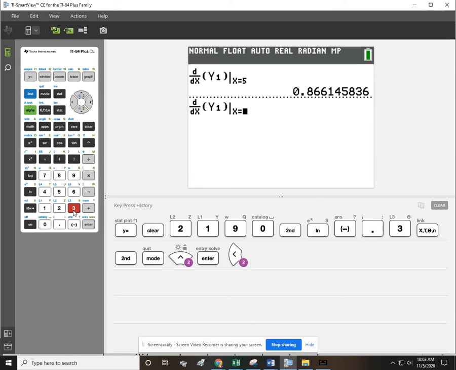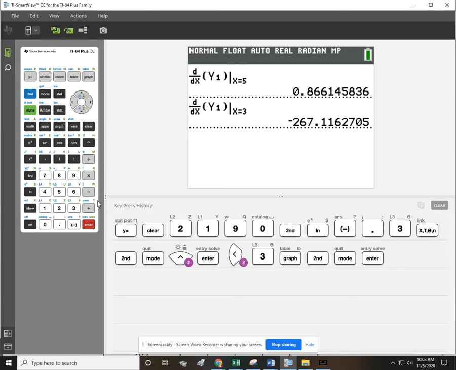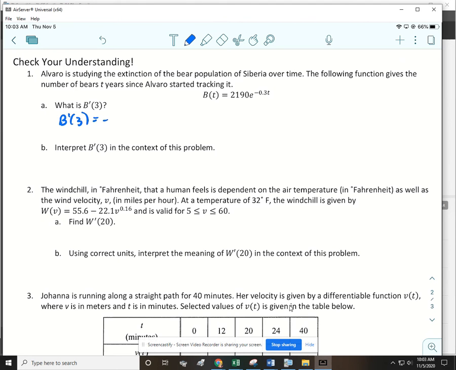And then we want to type 3 in for x. All right, so that is b prime of 3 is going to be negative 267.116. And let's go ahead and use the units.